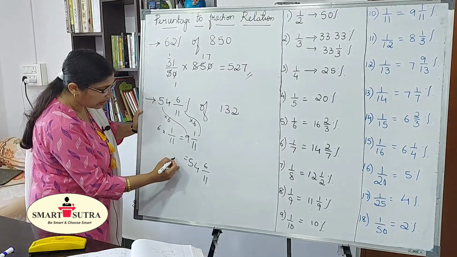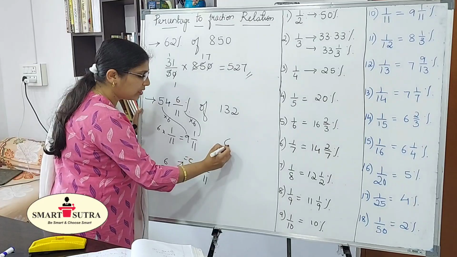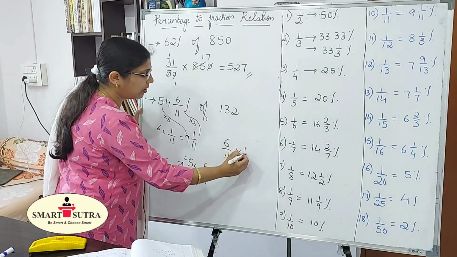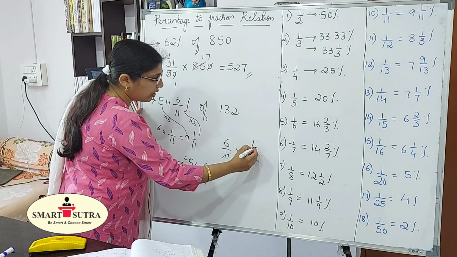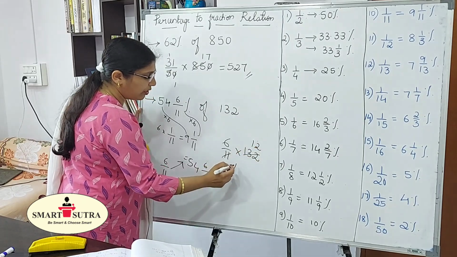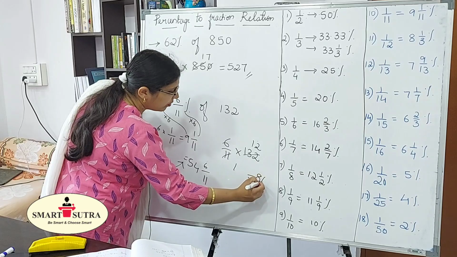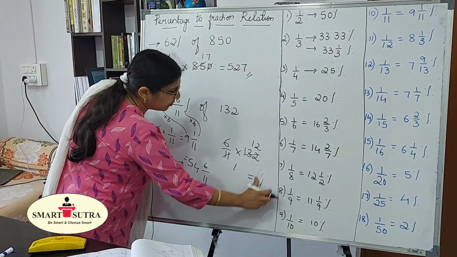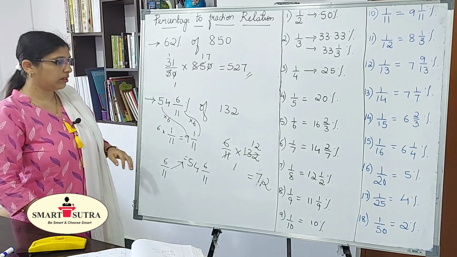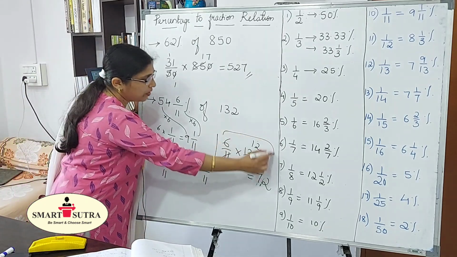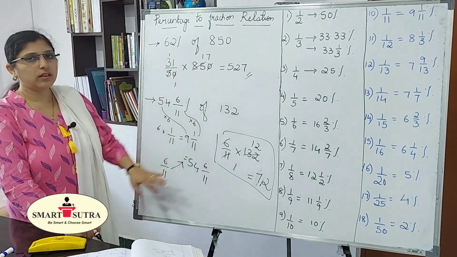Now directly we can say 6 by 11 into 132. 11 ones are 11, 11 twos are 22. So 12 6s are 72. So within a simple step we got the answer. How was this possible? By remembering the fractions.